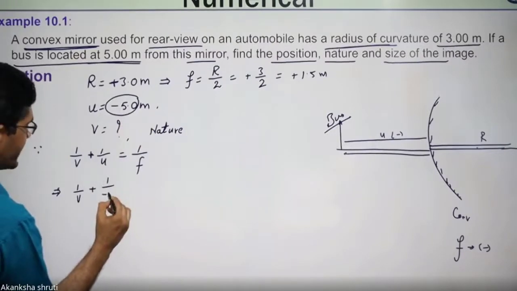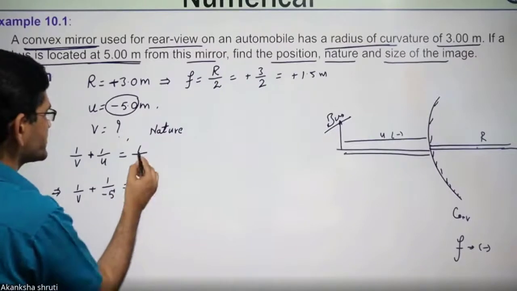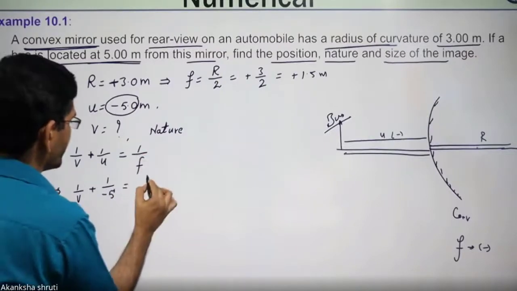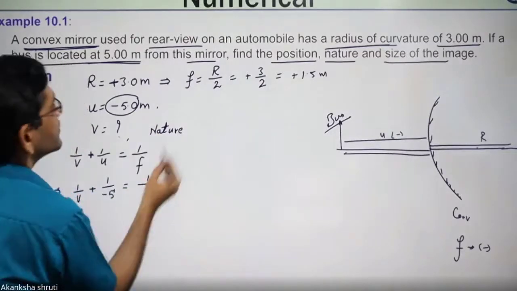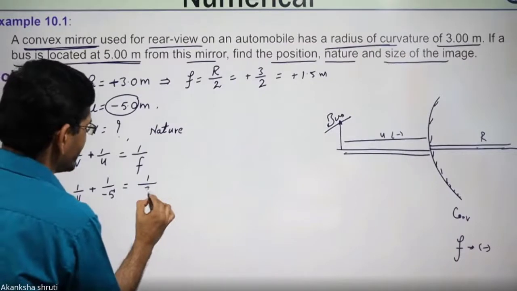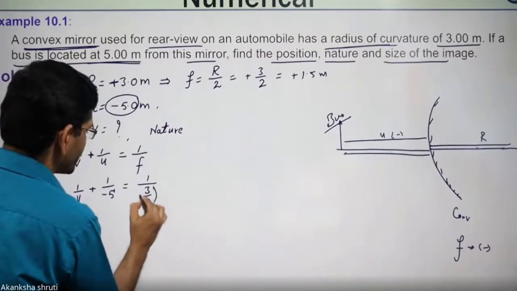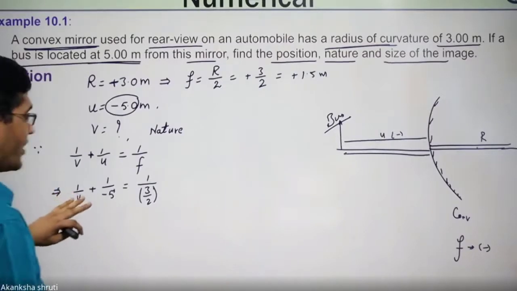So minus of 5 is equal to 1 by f. f is positive, students. So we may substitute 3 by 2 or 1.5, that means the same thing. Let me substitute 3 by 2. That appears convenient to me.